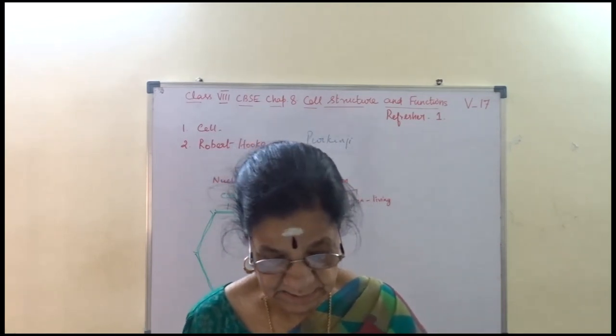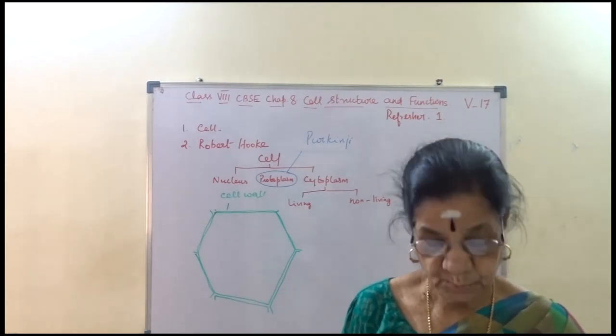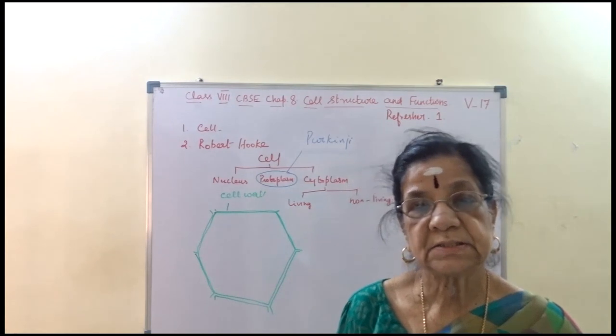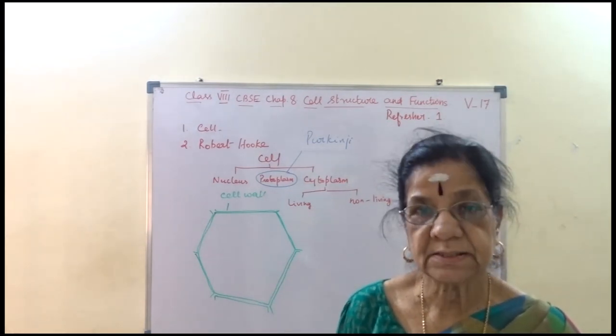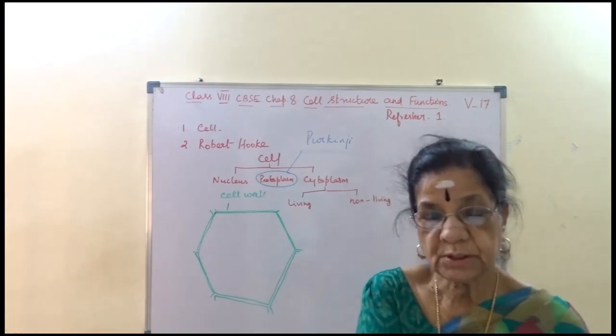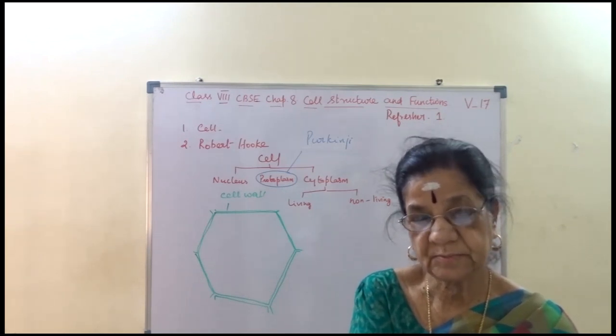But here the lignin is water resistant. The cell wall provides rigidity, protection and support to the plants and prevents it from collapsing.